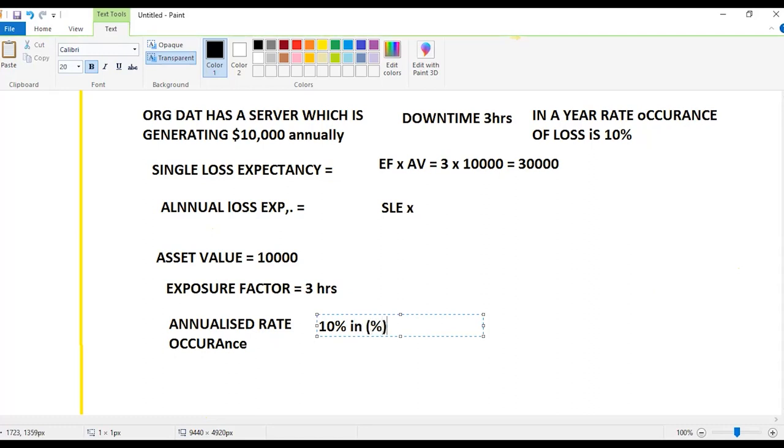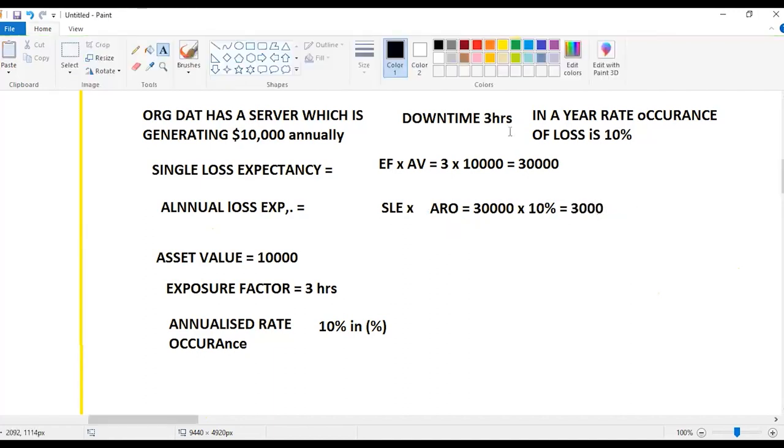So annual loss expectancy will be SLE into the annualized rate of occurrence, which is $30,000 into 10%, which becomes $3,000. So annually, in a year, we're going to be losing $3,000.